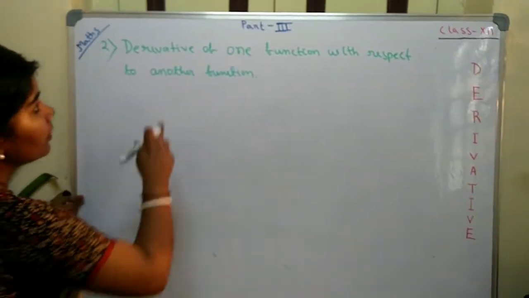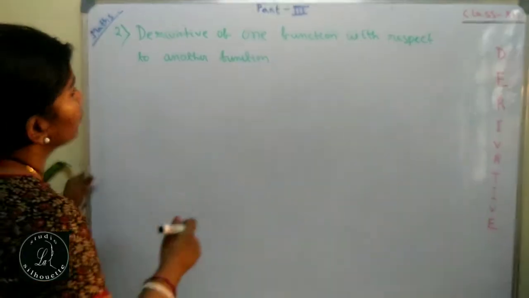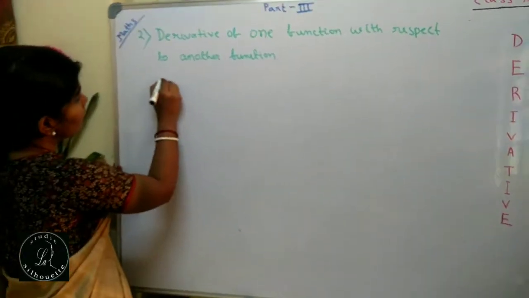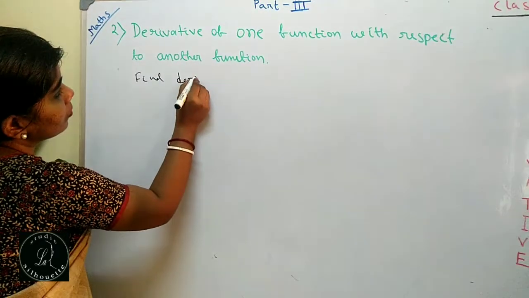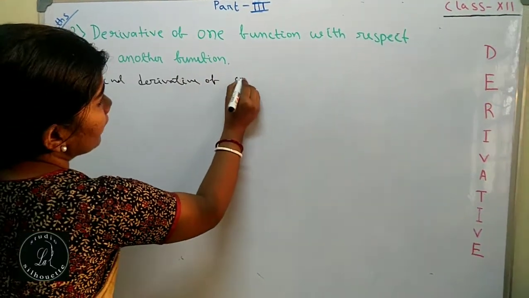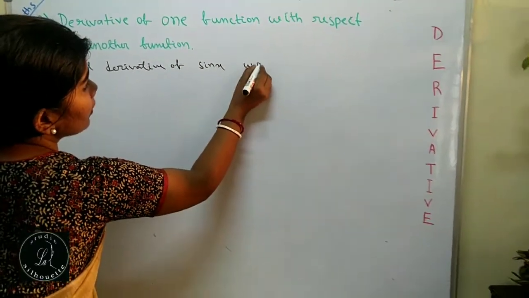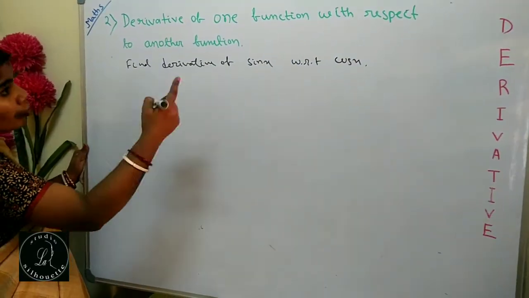Now we will find the derivative of one function with respect to another function. Suppose you have to find the derivative of sin x with respect to cos x. Then what we will do?